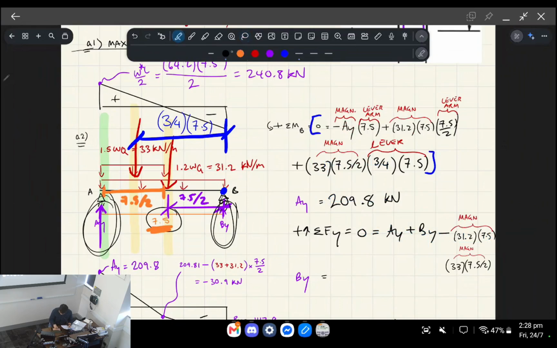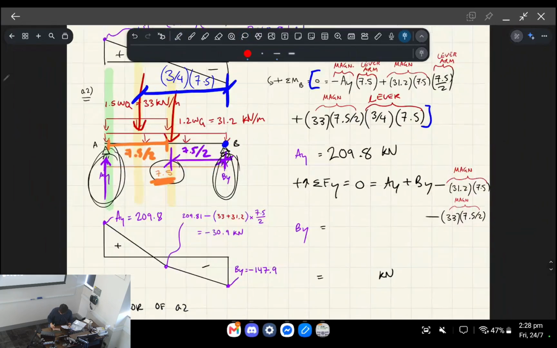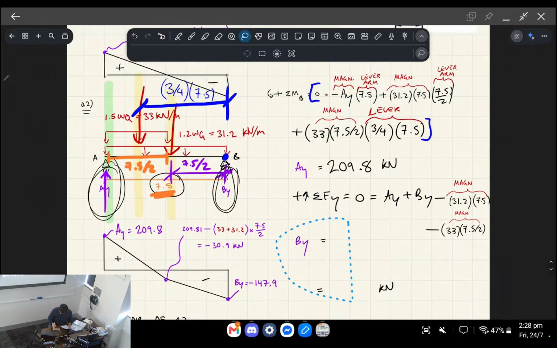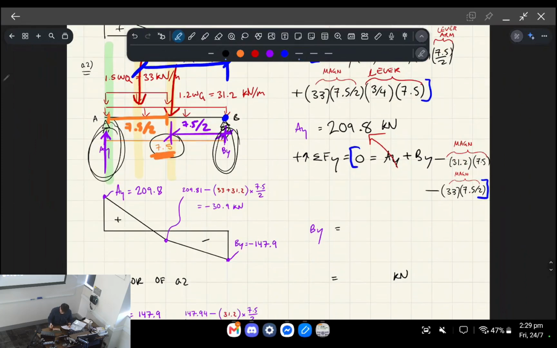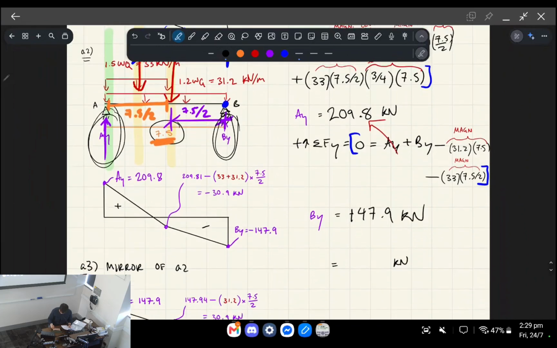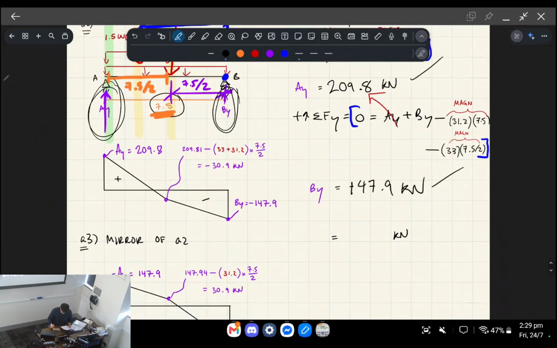So I'm subtracting both of them because they're both pointing downwards. And we know what AY is. It was this number, so we can substitute that in. So now we have an expression which only has one unknown, which is BY. And if we rearrange for BY, we get 147.9 kilonewtons. So now we have both the support reactions.